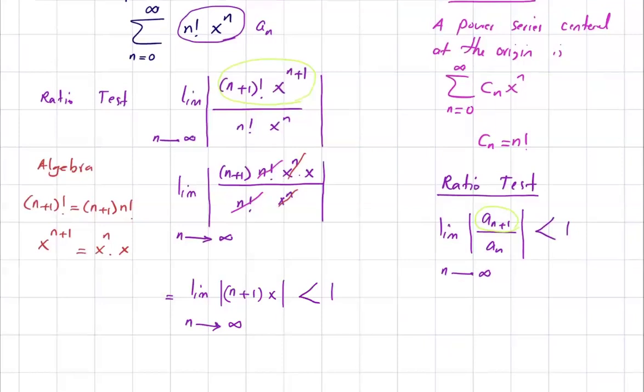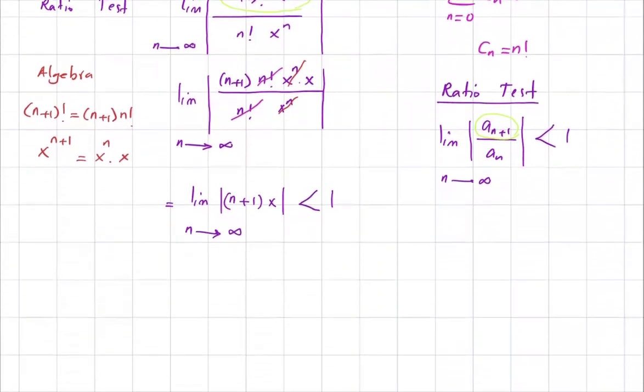If you take this limit when n goes to infinity, this is going to be diverging to infinity unless x is equal to 0. So let us check this analysis. The limit of the absolute value of n plus 1 as n goes to infinity goes to infinity. There is no doubt there.